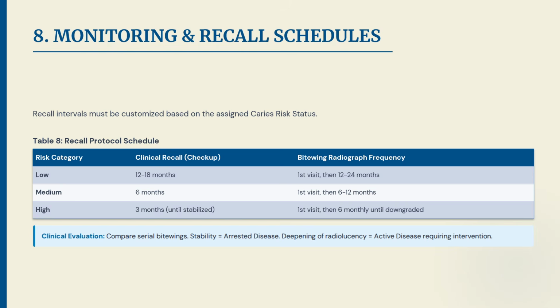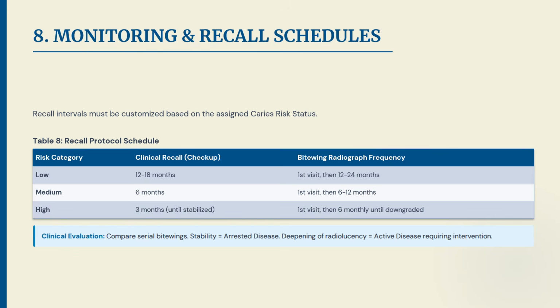Now the recall schedules. So we're done with the clinical stuff and everything. How often are we having this recall? Generally, no risk or low risk patient, 12 to 18 months. And bitewing radiograph frequency is always at the first visit, then every 12 to 24 months. So anytime, remember, if it's a new patient, you're taking a bitewing radiograph, irrespective of their caries status.